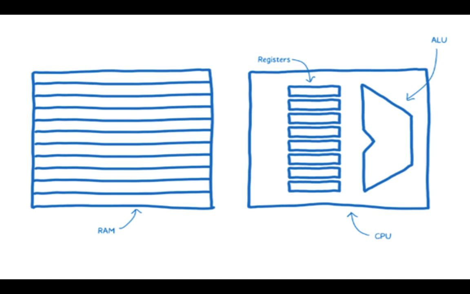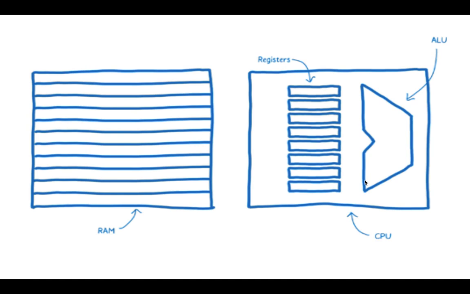Logical operations, like 3 greater than 2, are also needed. The unit that processes these operations is called the ALU, the arithmetic logical unit. It's denoted by something like a trapezium with a triangle in it, like this.